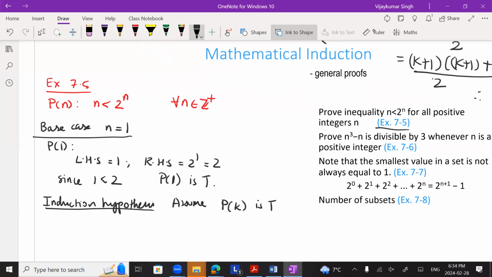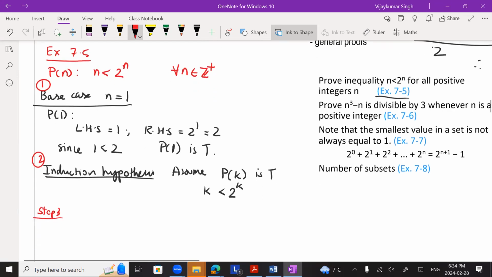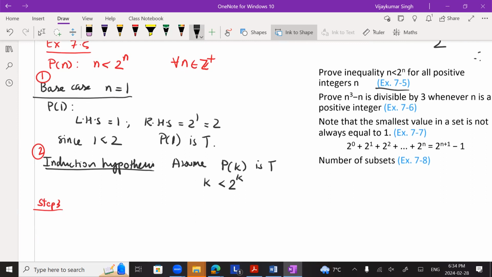That means we are assuming that k is less than 2 to the power k. This is step 2, if you want to call the base case step 1. Let's look at step 3 now. Now we want to prove it for k plus 1.